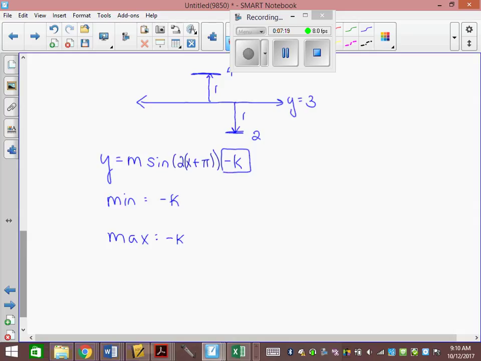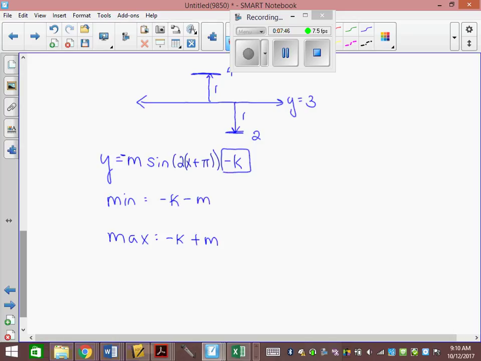So say I even make this be a negative m. Let's make it a little more complicated. If it's a negative m, what's my amplitude? M. Because the amplitude is a distance. It's positive. The amplitude is the absolute value of a, whatever this a is. And in this case, the a is negative m. But the absolute value of negative m is m. Okay? So for my max, I'd add my amplitude, and for my min, I'd subtract my amplitude.